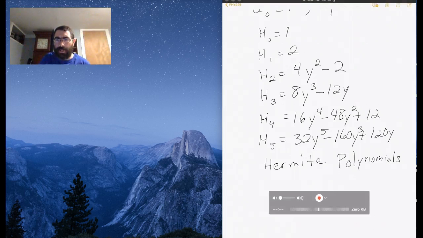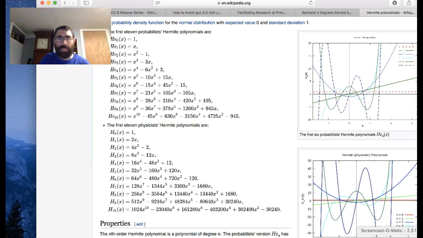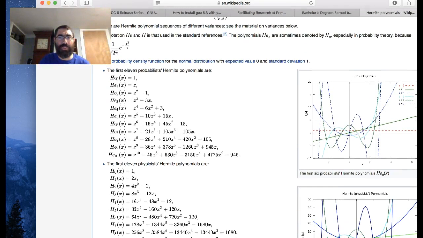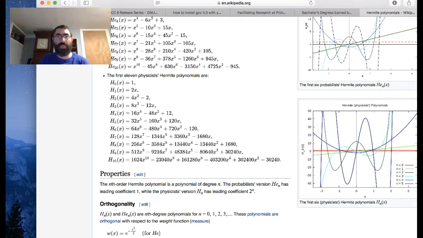And actually, if you look it up on Wikipedia, they have a list of the Hermite polynomials, the first 11 probabilist Hermite polynomials, or more importantly, the ones used in quantum mechanics to solve the harmonic oscillator problem.